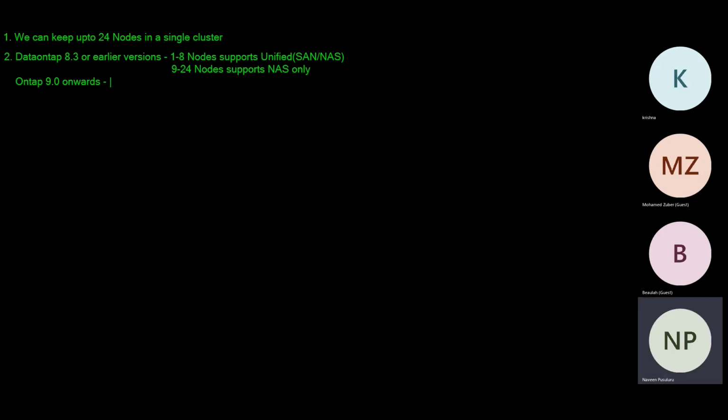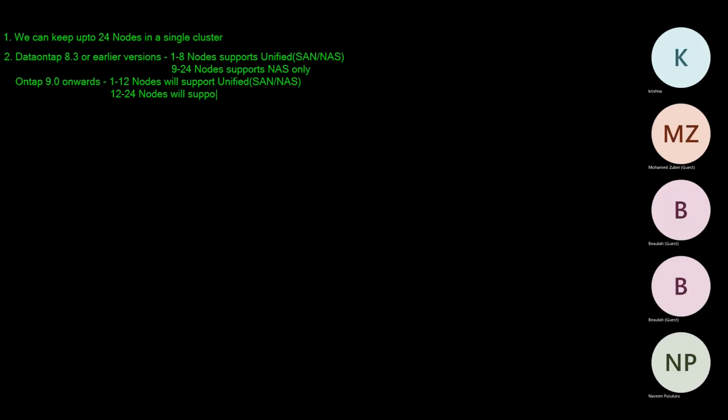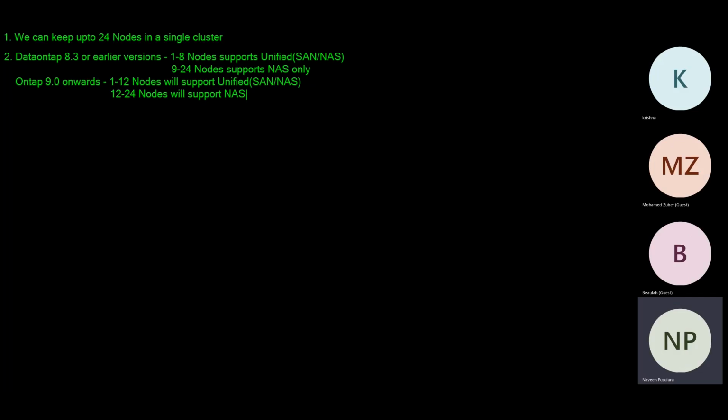So the first 12 nodes, 1 to 12, will support unified SAN and NAS, and nodes 12 to 24 will support NAS only.